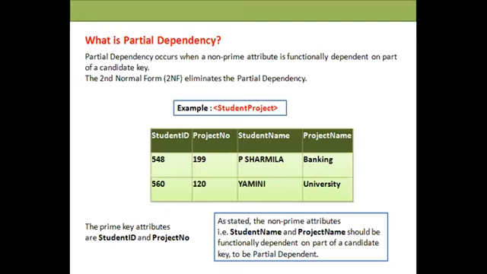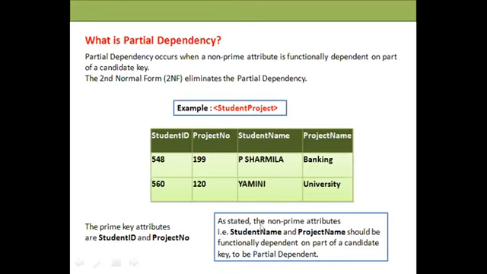Suppose you want to retrieve project name, this project name must depend on project number. At the same time, if you want to retrieve student name, again student name must depend on student ID. So here the primary key attributes are student ID and project number.